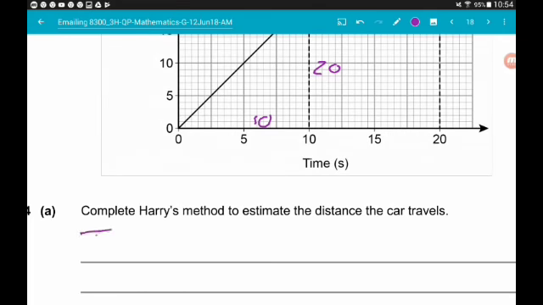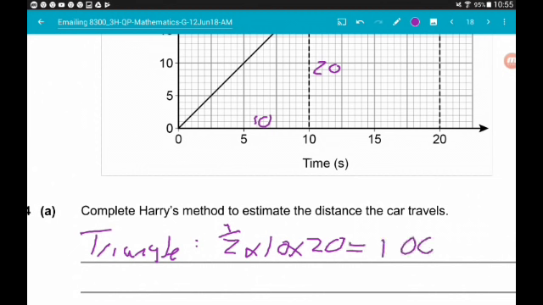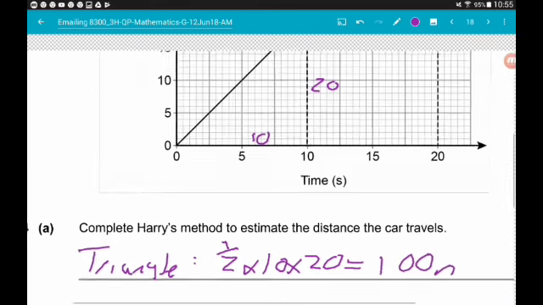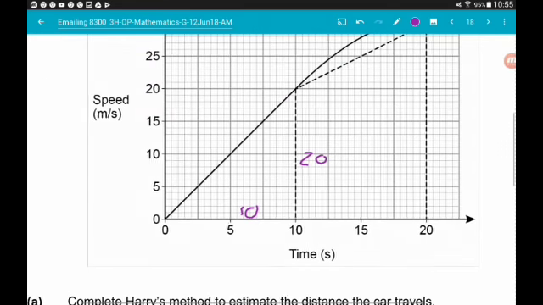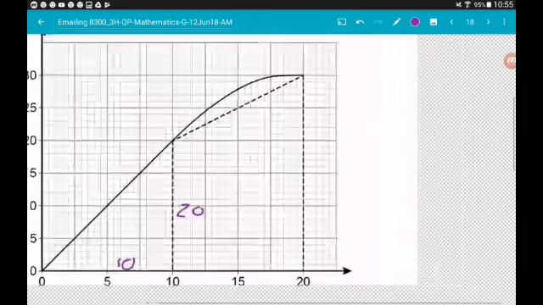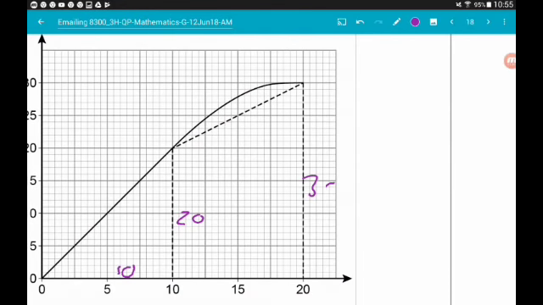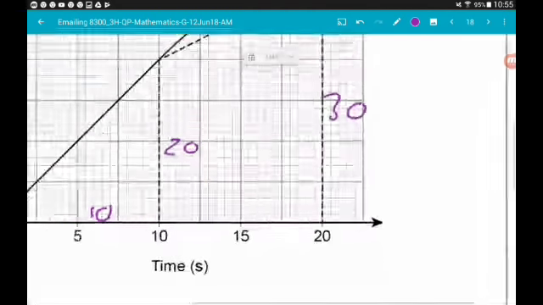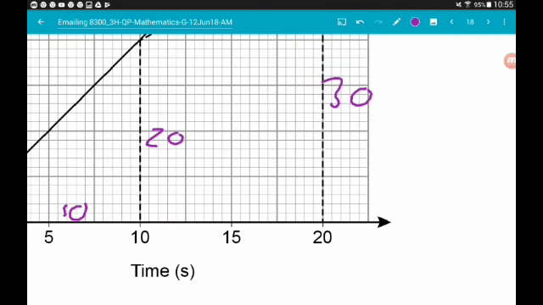So the triangle is 1/2 times 10 times 20, which is going to give us 100 meters. Okay, then for the trapezium, we need the second height on the right, which is 30. And then we need this horizontal length here, which is also 10.